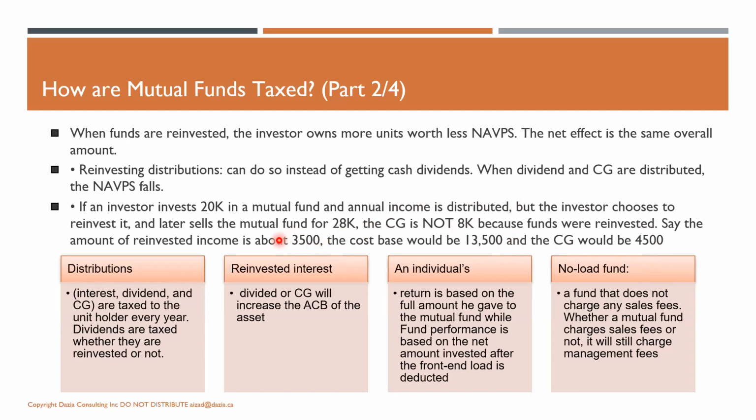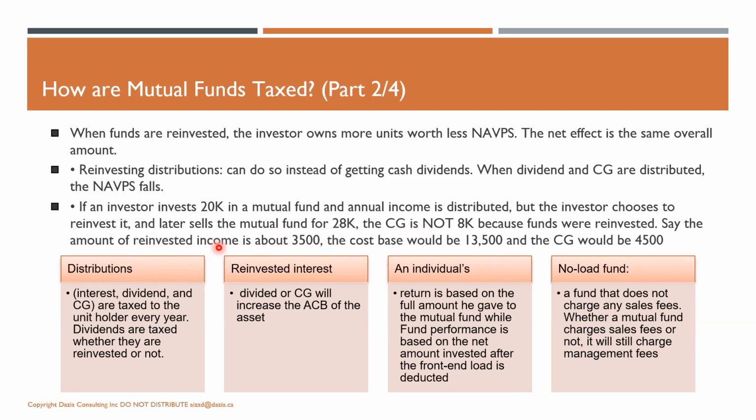Sorry to interrupt. How do you get the 3,500? Yeah, this is given. This is the distribution that they got from the mutual fund on an annual basis.